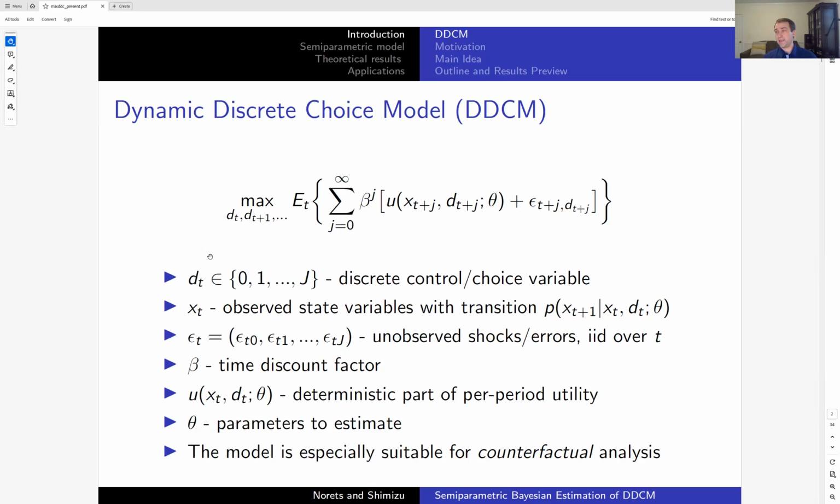The main objective when we estimate this type of models is to use these models for counterfactual policy experiments. Why are we doing that? Because in many situations, it would be very expensive to conduct experiments and get data on what would happen if we change some policy variables.